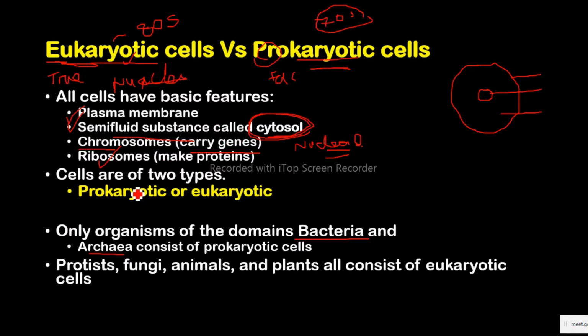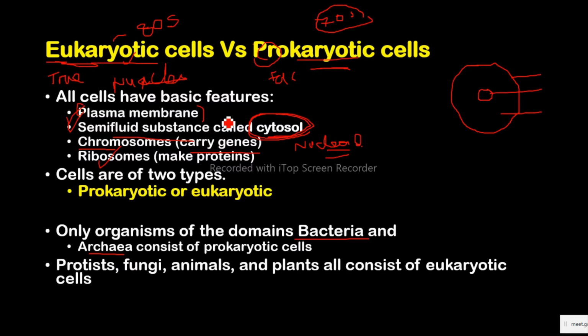But is it the same in all cells? For example, you'll be able to find out that the plasma membrane of eukaryotic cells has cholesterol, but the plasma membrane of prokaryotic cells lacks cholesterol. So you should be in a position to say, yes, they have it, but is it the same?